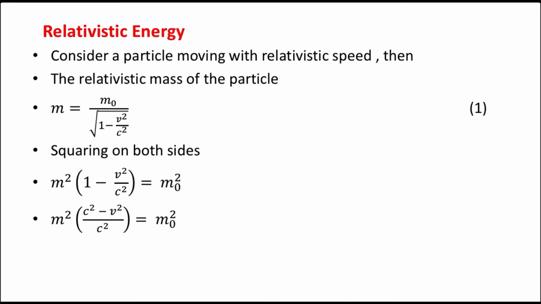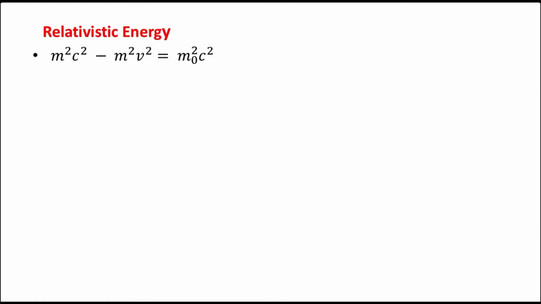So if I make rearrangement of the terms, I can write above expression as m square in bracket (c square minus v square) upon c square, that is equal to m0 whole square. So expand the bracket, so we can write m square c square minus m square v square, this is equal to m0 square c square.